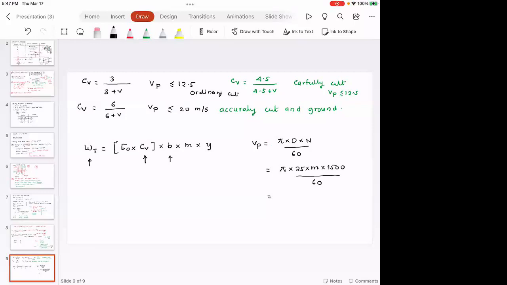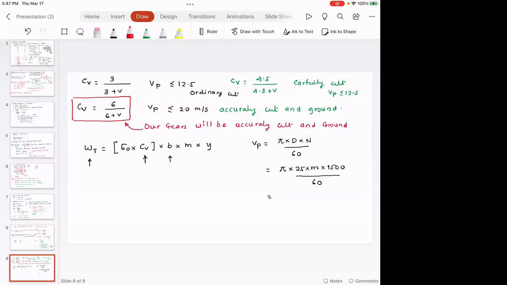That is absolutely fine. If you want to go that route, then I would strongly recommend that use this as the number. And make a statement that the gear that we are designing will be accurately cut and ground. And then use the value of CV as this.